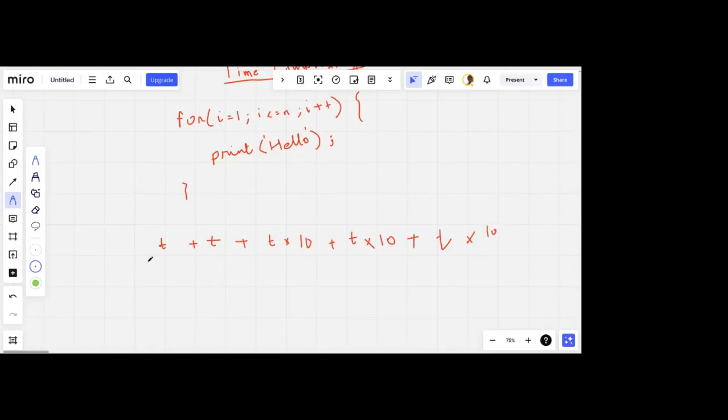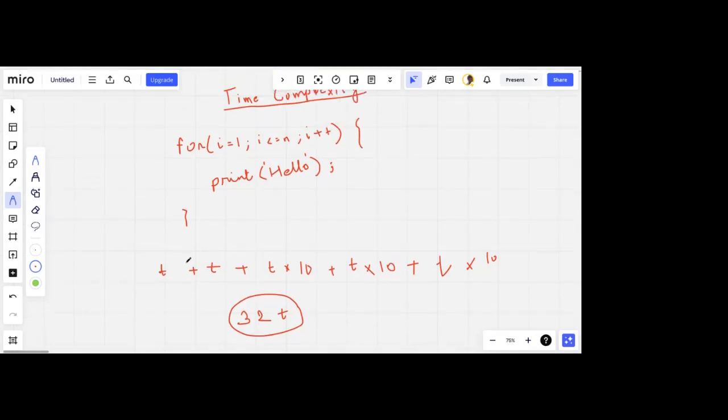So we can say that basically what is happening here is that the total time that this algorithm will take becomes 32t. Can we please say that? Right. So this becomes 32t. Okay. Now you don't have to go through each and every statement here.